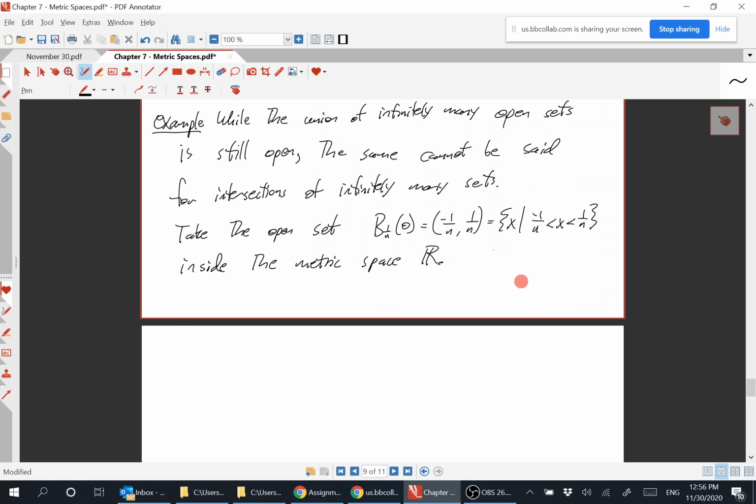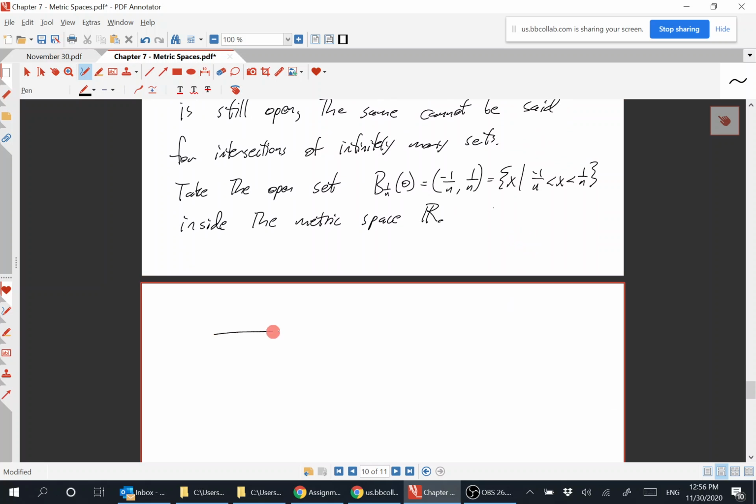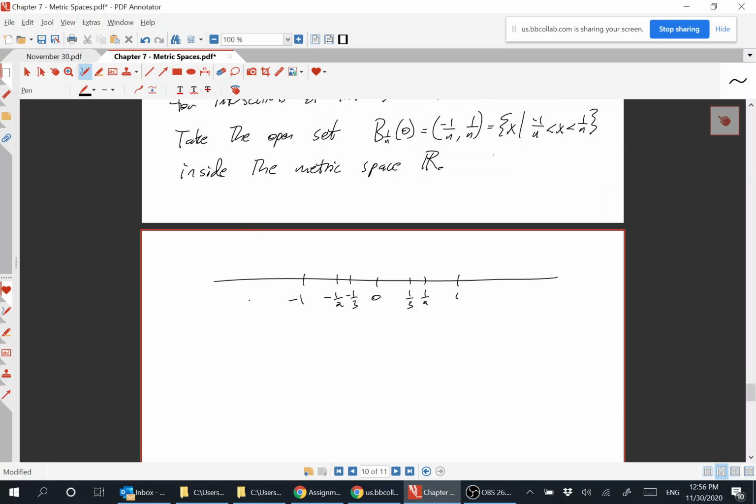Right, so on the number line it looks like this. Here's 0, and here's minus 1 to 1, and then minus a half to a half, and then minus a third to a third, minus a fourth to a fourth, minus a fifth to a fifth, and so on and so forth.